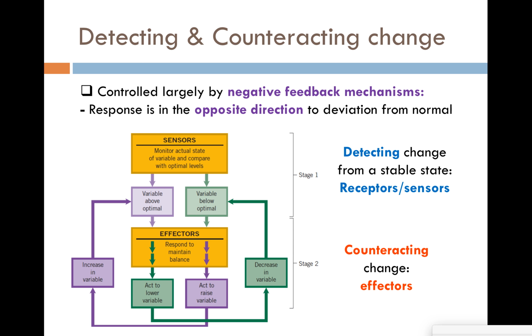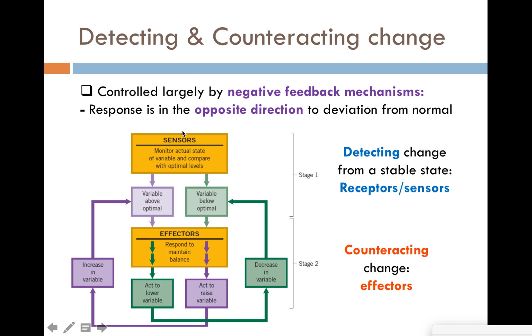So here I'm going to use the example of temperature regulation that we covered in Year 11. So the example I'll use is, maybe it's cold weather. You walk into a room, the heating's on, it was initially feeling quite pleasant, but now it's starting to feel quite hot. And you might remember that we have temperature sensors, so misalignment detectors in our hypothalamus, and it actually measures our blood temperature.